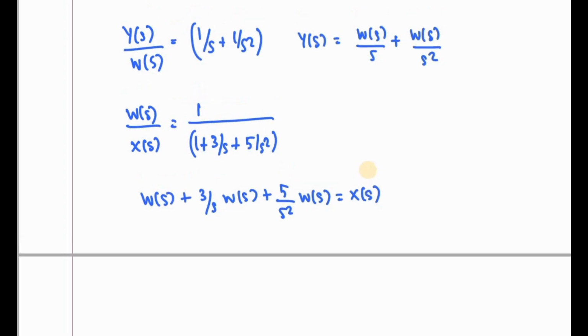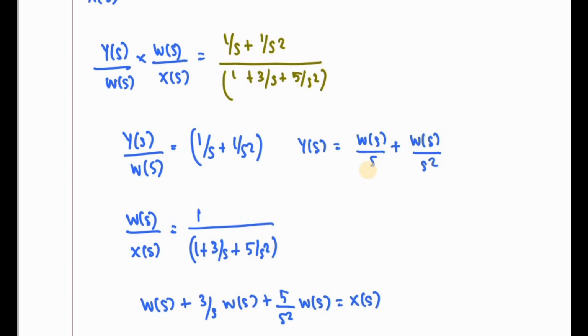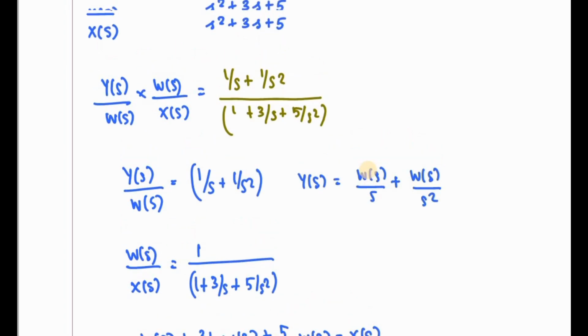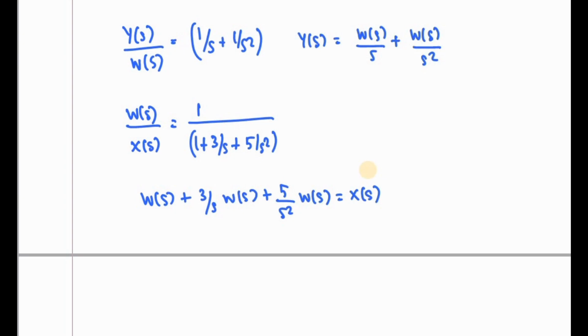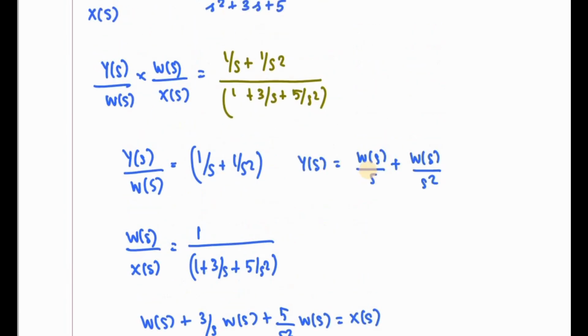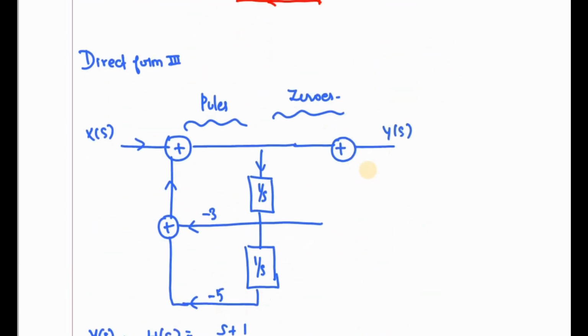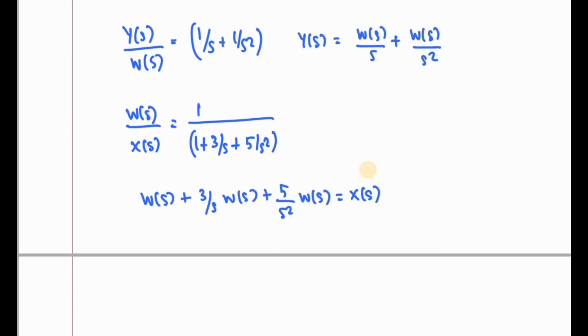So here we can see, what is my w of s? W of s is equal to x of s minus 3 divided by s w of s minus 5 divided by s square w of s.